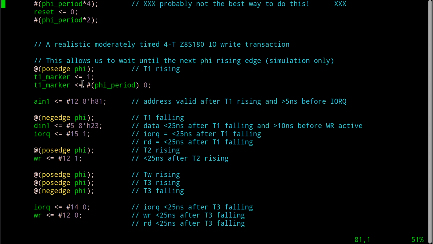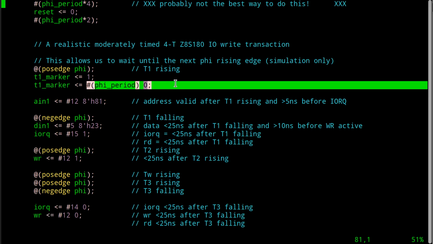What does this mean? This says right now, because there's no delay here, schedule an assignment that's going to go into the T1 marker. And what goes into that marker is what happens over here.